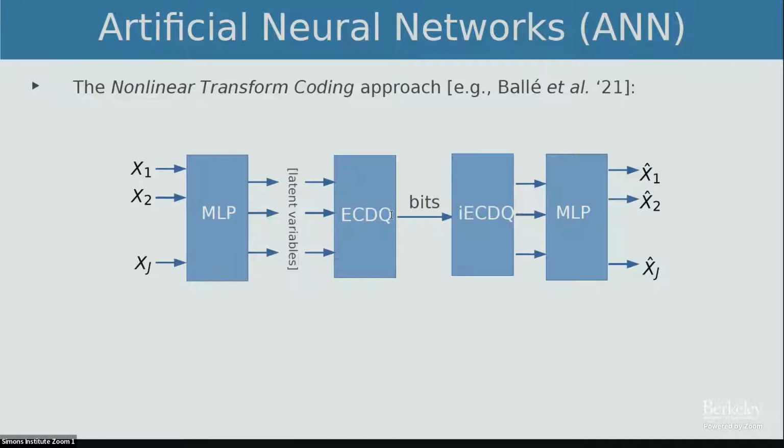First of all, there are various approaches for using deep neural networks for lossy compression of images and music and so on. I'm going to focus on one particular approach that's sometimes called nonlinear transform coding. That approach adheres quite closely to the classical architecture. On some level, we just replace the linear transform with a nonlinear transform. So the linear KLT, the DCT, gets replaced with a neural network, and of course, it's trained.